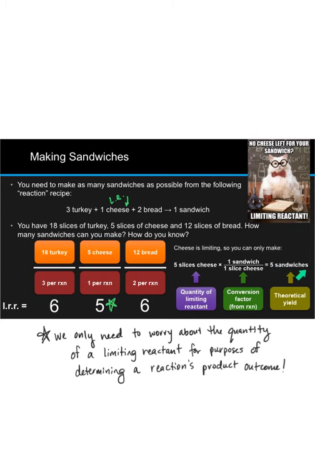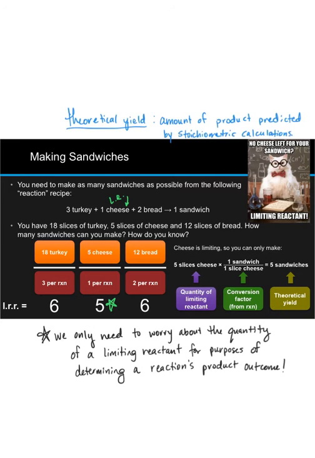The result of this calculation gives us what we expect, or a theoretical yield for our reaction. The theoretical yield for a reaction is the amount of product that's predicted by stoichiometric calculations. Whichever of our reactants runs out first will give us a predictable stoichiometric amount or theoretical yield of a product or products.